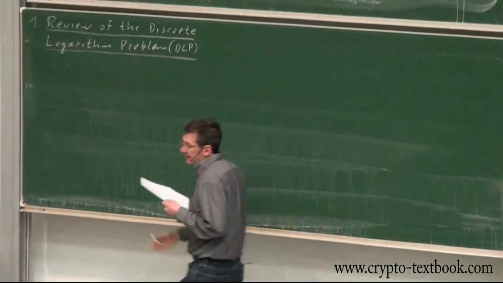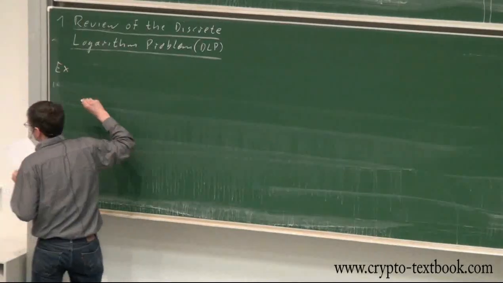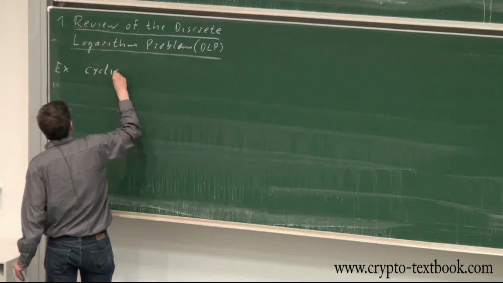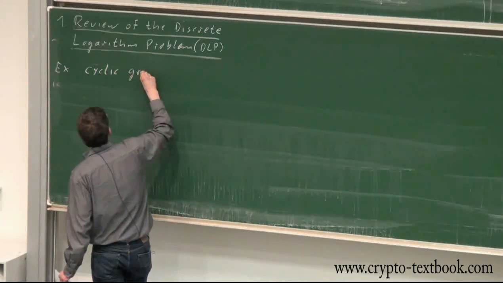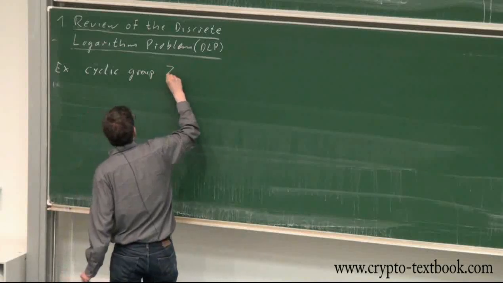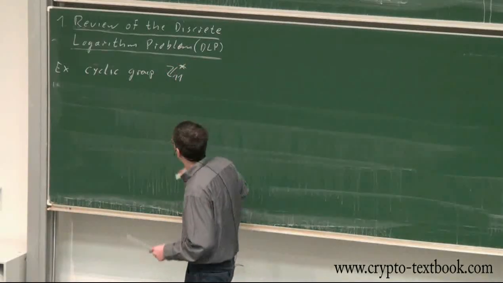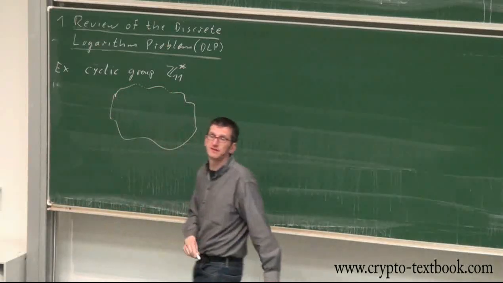And let's start with the example, actually the same example we had last time. What we need for a discrete logarithm problem is a cyclic group. And we look at this group Z11 star. What is Z11 star?